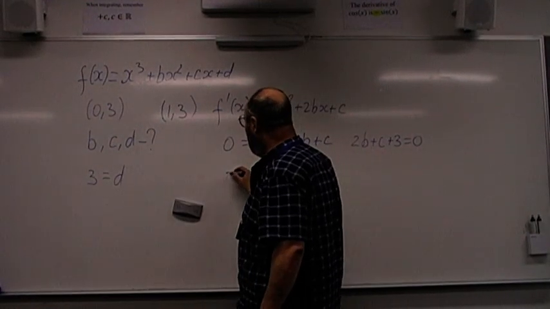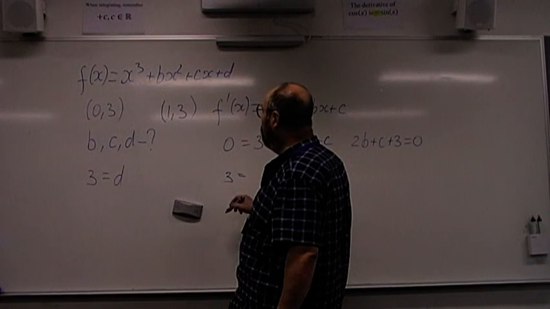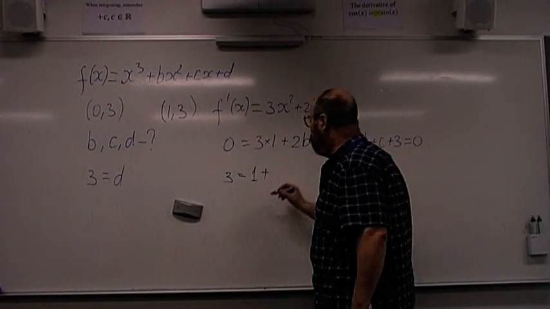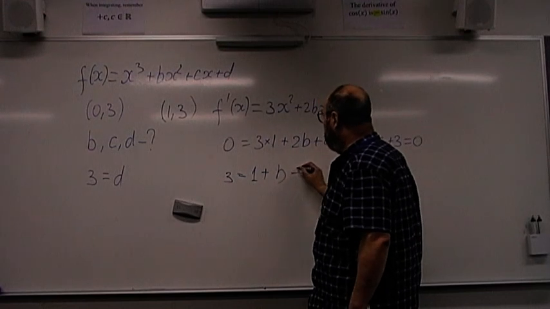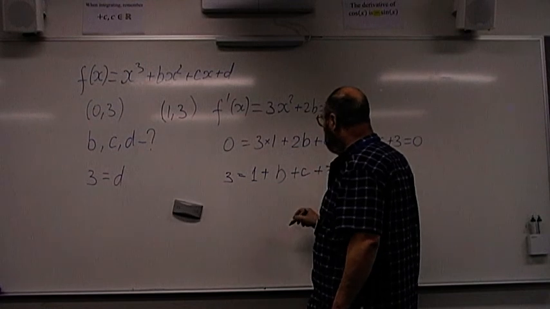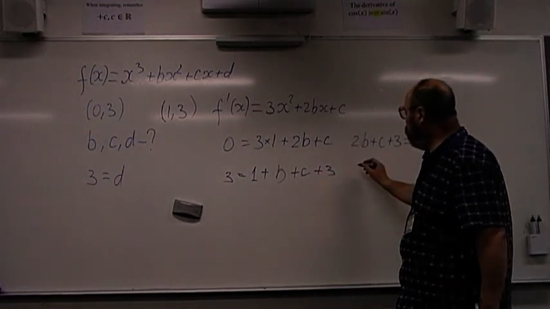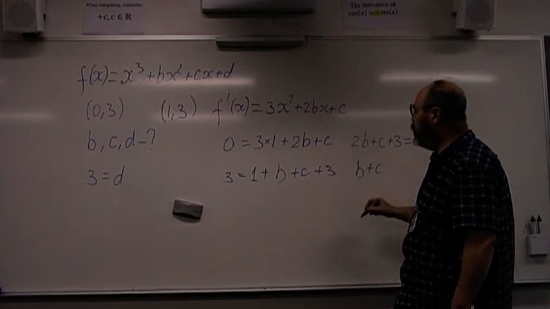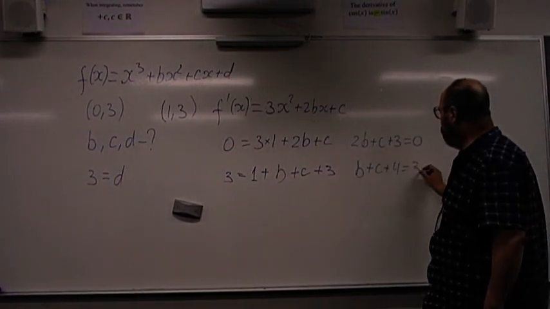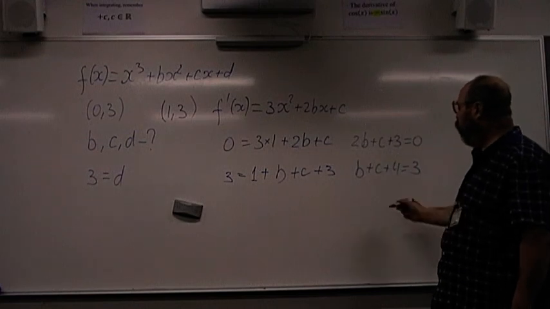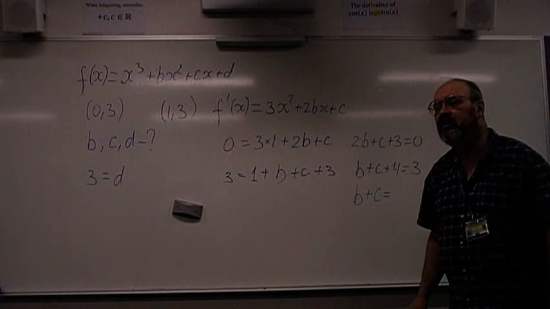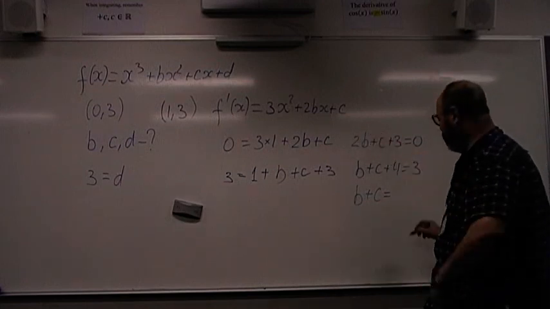So we get 3 equals 1 cubed plus b times 1 plus c, and d we already know, plus 3. So we get the second equation, b plus c plus 4 equals 3, or b plus c equals negative 1.